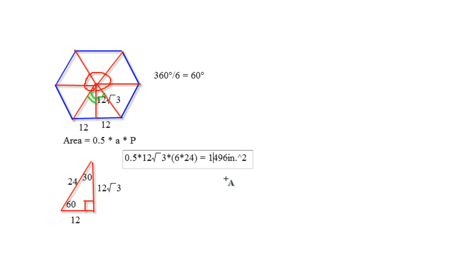Now this is obviously an approximation. It should be 1496.492 square inches. And obviously this is definitely going to be an approximation because we're not getting the exact answer.